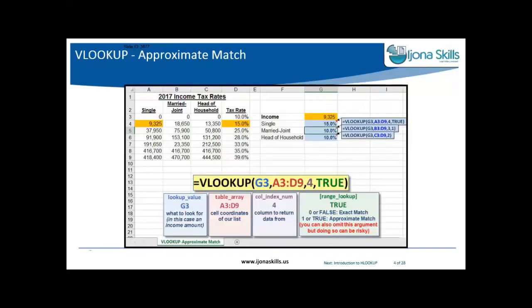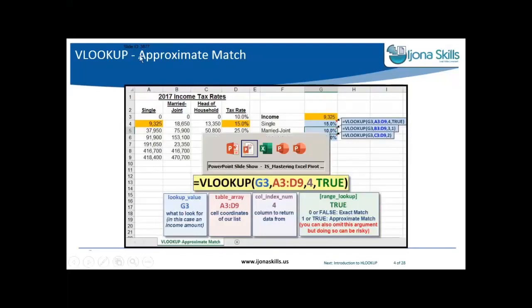If we let ourselves get into a habit of sometimes specifying that last argument, sometimes not, then we run a risk that sometime when we need an exact match, we might accidentally indicate that an approximate match is acceptable, and that can cause Excel to return the wrong information. So it is best to be deliberate and specific about using VLOOKUP to indicate categorically that you want either an exact match or an approximate match.